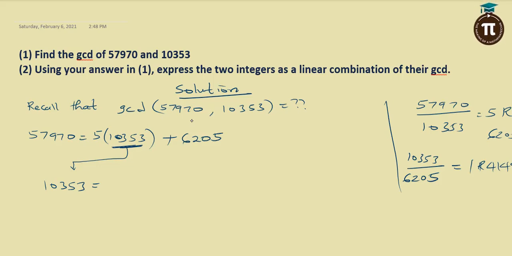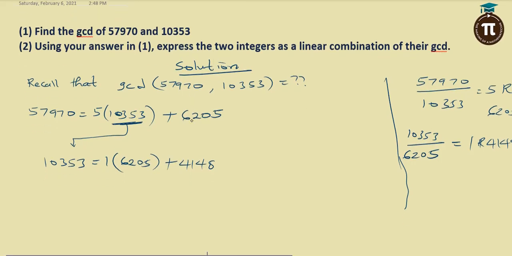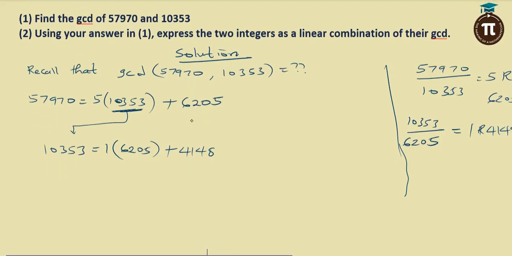So this will give me 1 multiplied by 6205 plus 4148. That is what I'm going to have. So you will continue like that till you get to 0, or till you get to 1.